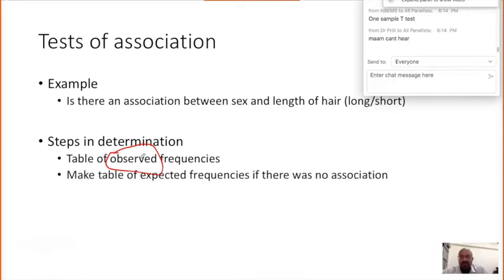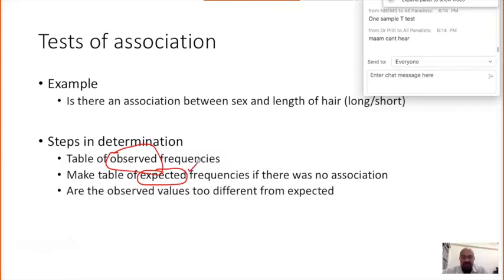Then what we do is we make a table of expected frequencies, assuming that there is no difference between men and women in the length of their hair, and there is actually no association. If there was no association and everything was happening by chance, we try and think what would be the expected frequency by chance. And then we determine if there is a lot of difference between the observed and the expected values.